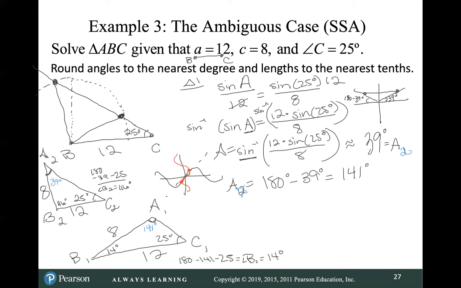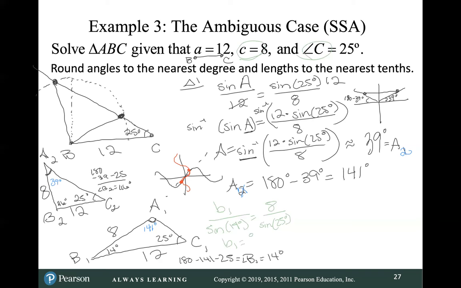Okay, so I've got three angles and two sides. I need the last side. We'll use law of sines for that. So to find side B1, I'll use a new color. B1 divided by sine of angle B1, that's 14, equals, use the ones that were given. So the two that were given are C and C. So that's 8 divided by sine of 25.